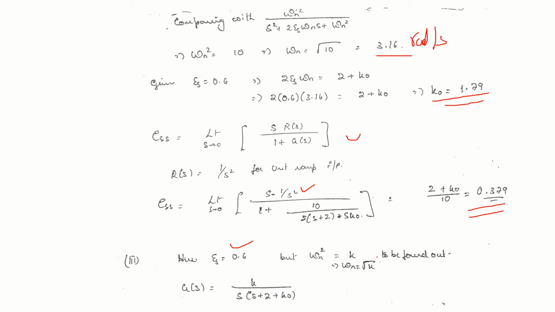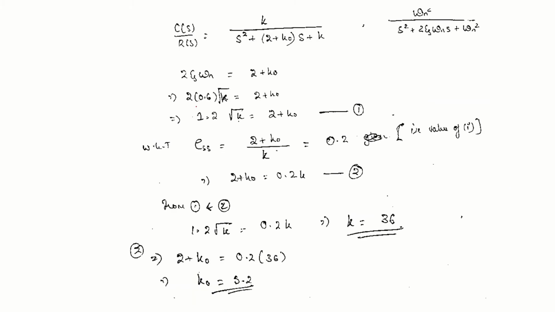Now omega n square is equal to K, so omega n is equal to root K. Okay, so G of S is this. So you get C of S by R of S. 2 zeta omega n is 2 plus K naught, omega n square is K. Correct. So it is 1.2 root K is equal to 2 plus K naught.